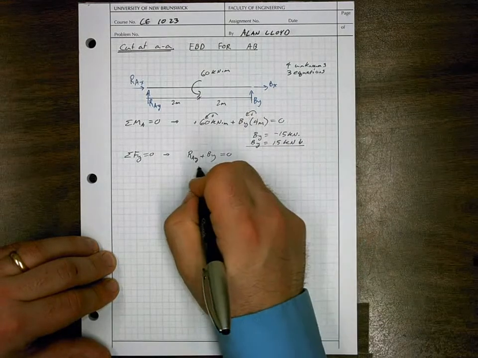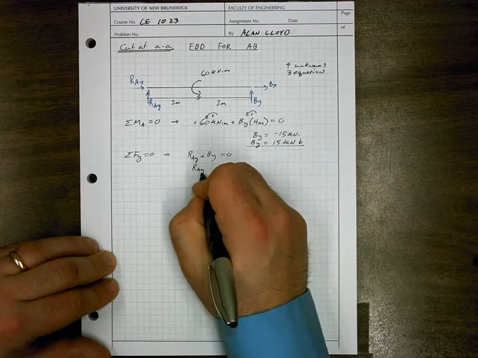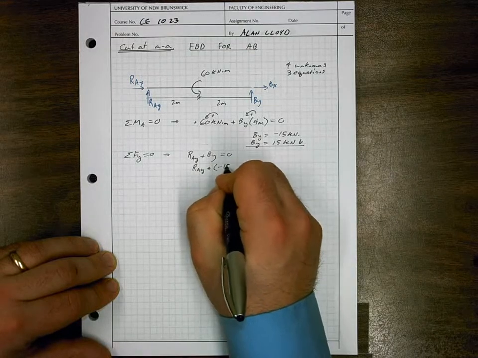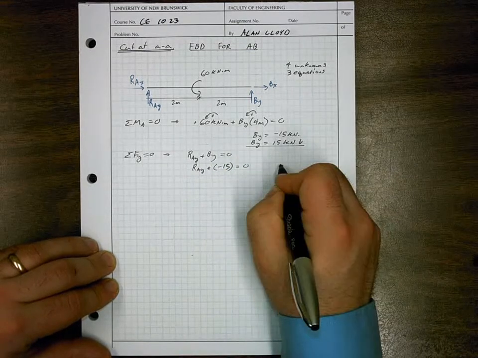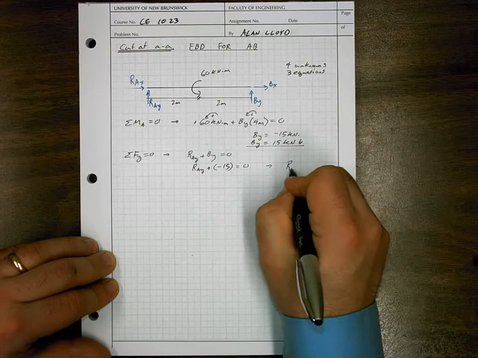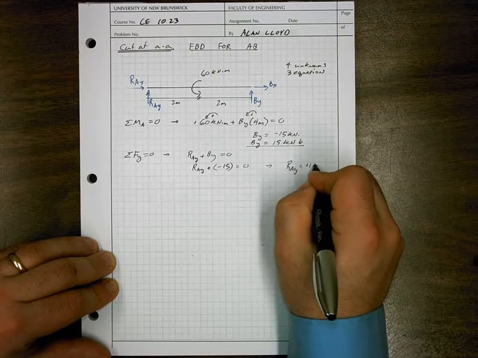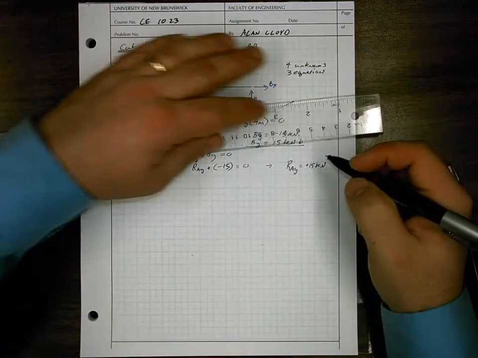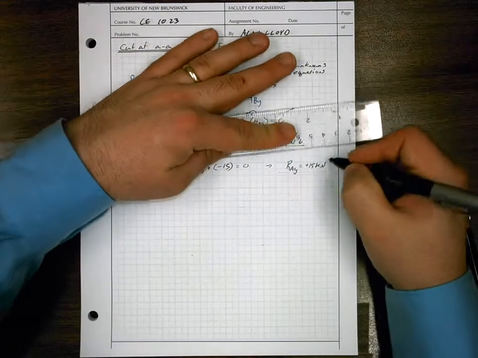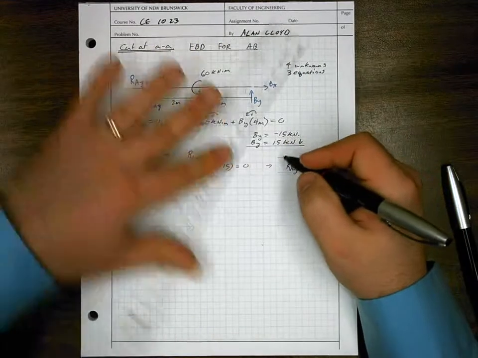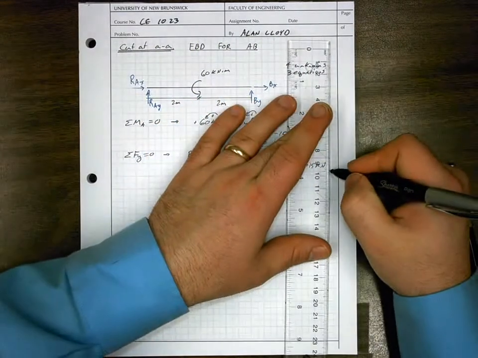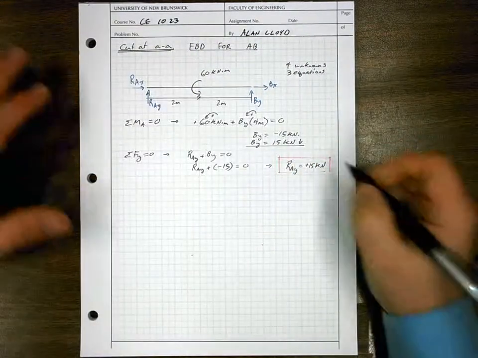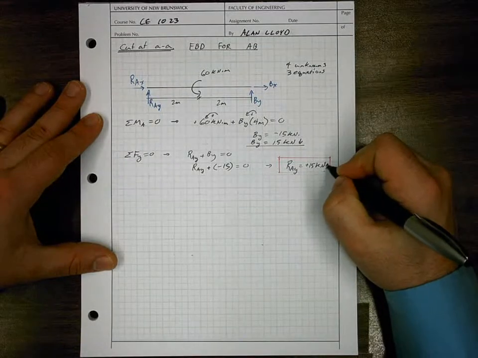Now if we plug in our values, we have RAY plus minus 15 is equal to 0, so this gives us RAY is equal to plus 15 kilonewtons. So it's 15 kilonewtons acting up. I suppose we can put a little arrow there indicating which way it's going.